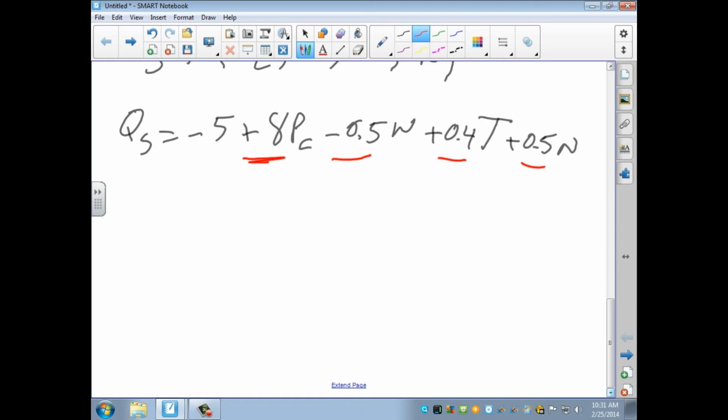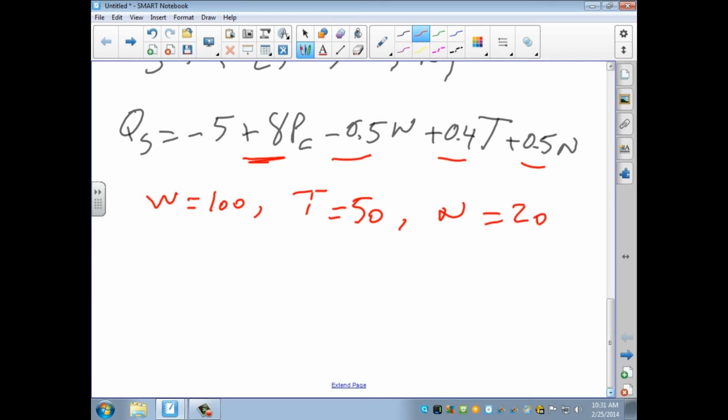So we give you the value for W. Let's say W is equal to 100. That is the wage index, and the technology index equals 50, and the number of mines equals 20.